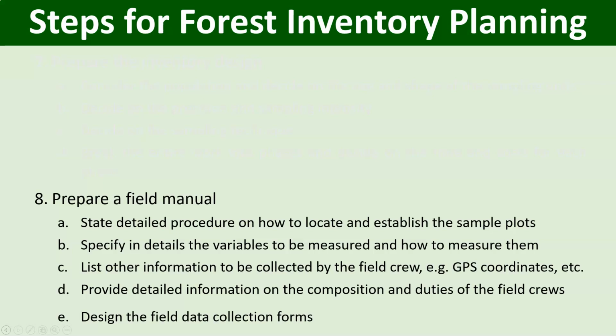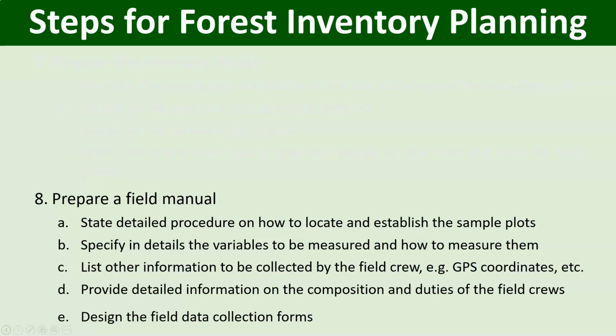For example, you say, okay, measure diameter at breast height. It's not enough to just say measure diameter at breast height. You will indicate that diameter at breast height is the diameter at 1.3 meters above ground. You need to specify that. You don't just say, oh, measure stump diameter, you need to indicate where that diameter is to be measured.